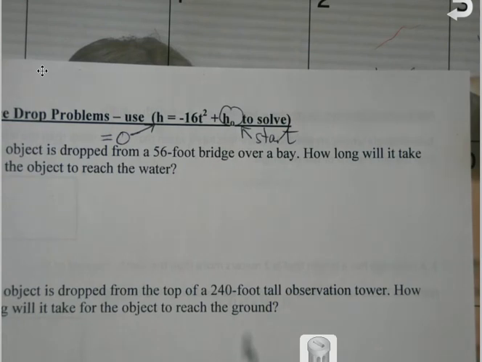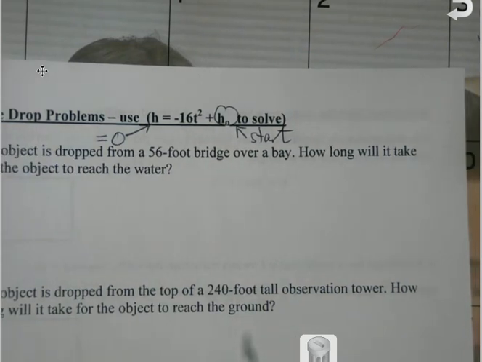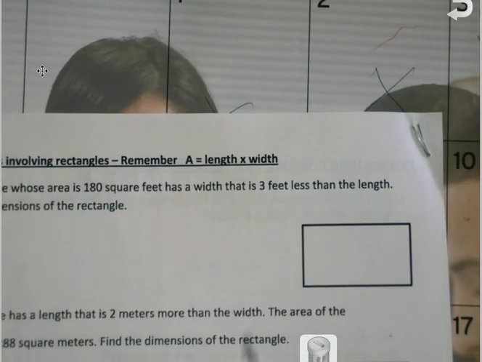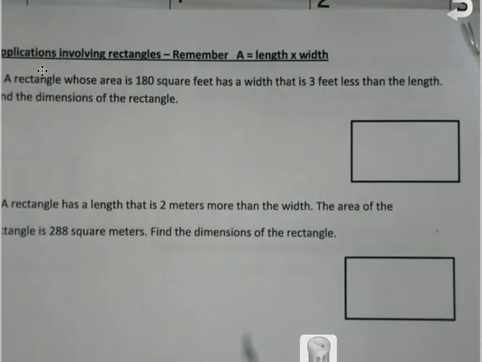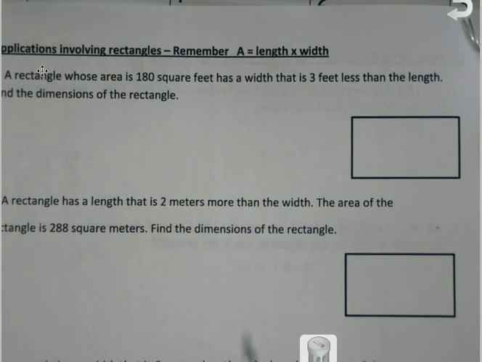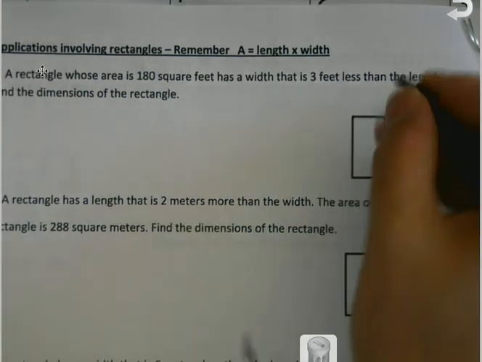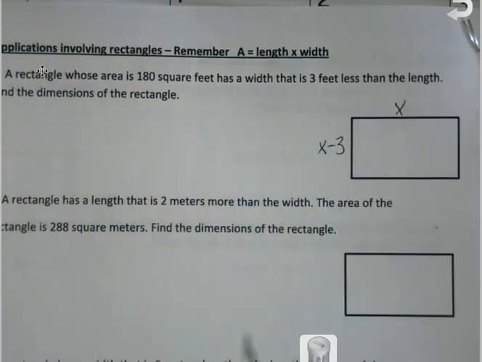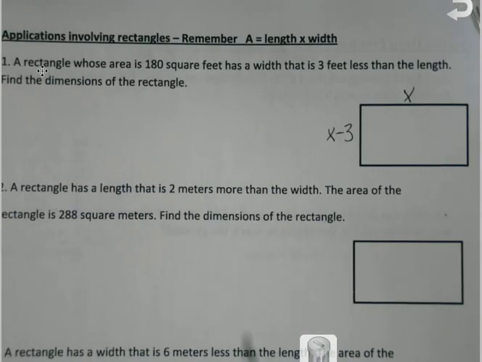And I'll even go one step further to make sure I help you out. On the back page of this, and then I'll flip back here, I had you do more rectangle problems, but I didn't label the sides. That was kind of not nice of me. So I will help by labeling the sides of the rectangles for you.